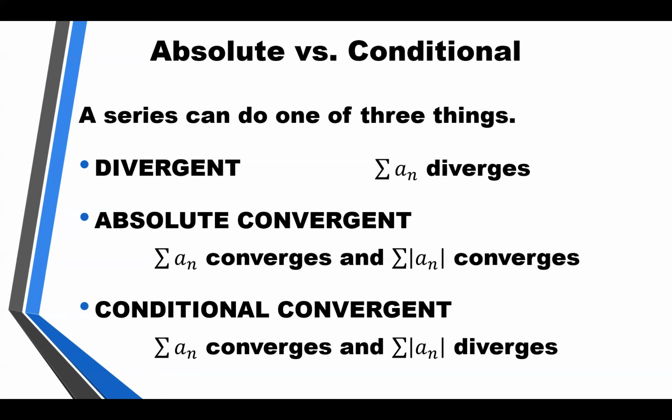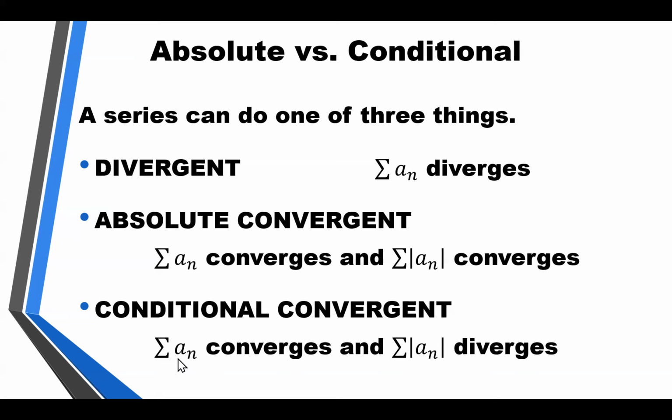Or, like the example we just saw, it could be conditionally convergent, where the series itself converges, but if I take the absolute value of the terms and add those up, that would diverge.